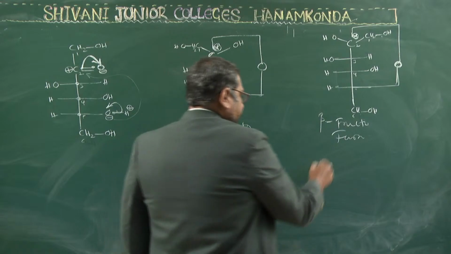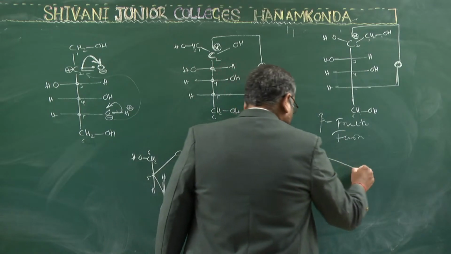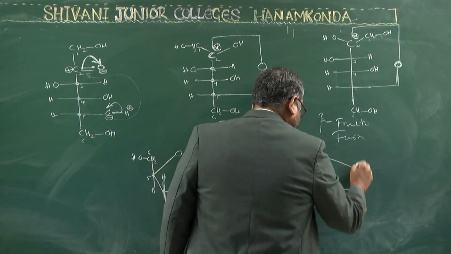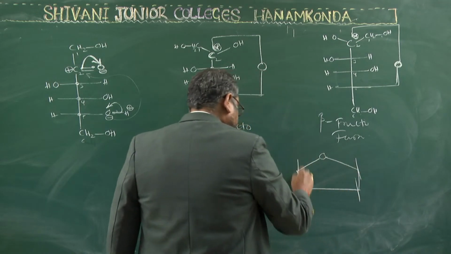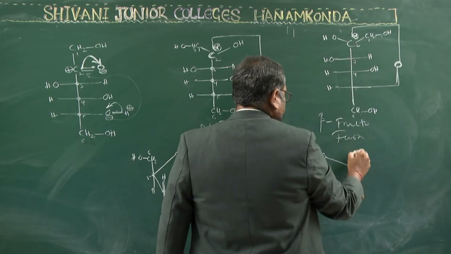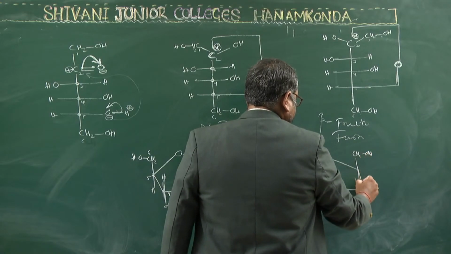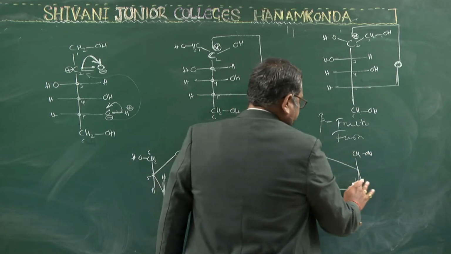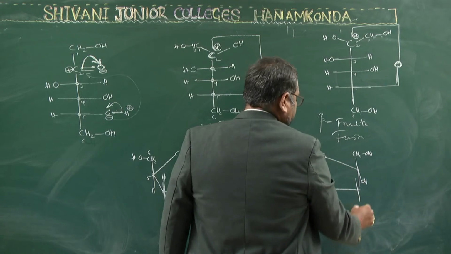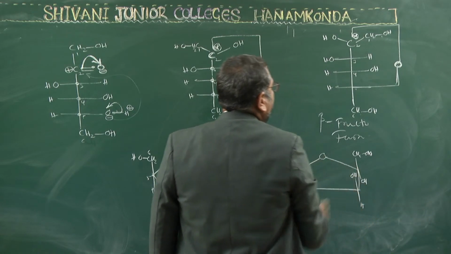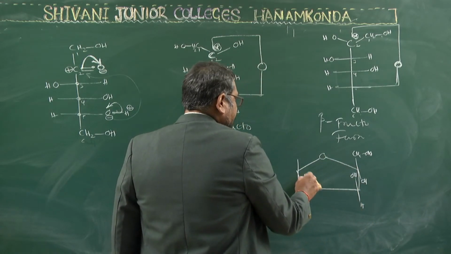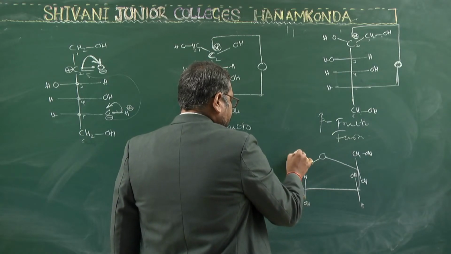Next, this one is beta-fructofuranose according to the Haworth system, written like this. Here CH2OH, H, OH, next here hydrogen and OH group, here OH and hydrogen and CH2OH.